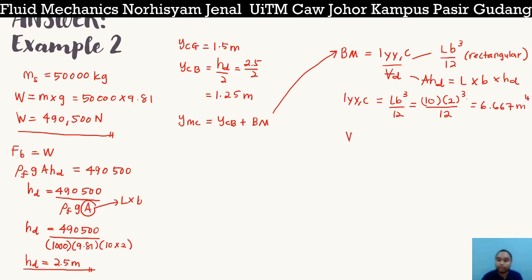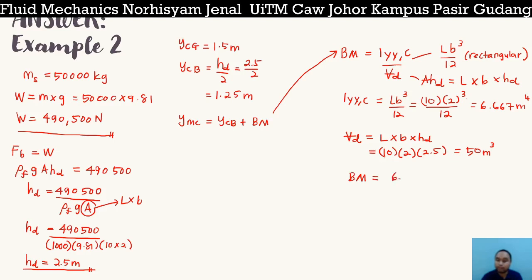And then for V displacement, it is equal to L times B times HD, so 10 times 2 times HD, which is 2.5 meter. This is equal to 50 meter cube.